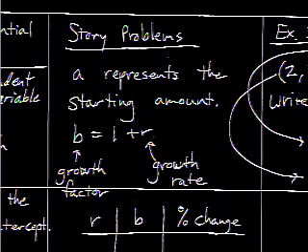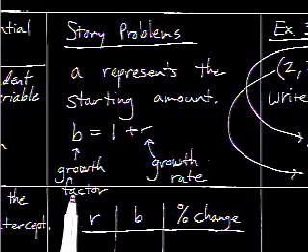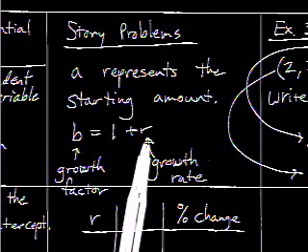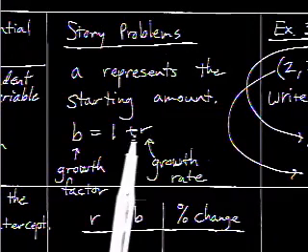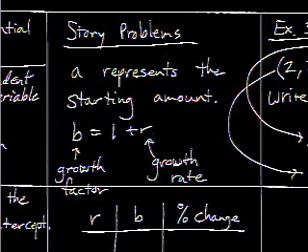I know that seems kind of weird, but sometimes we use exponential models for even bacteria. B, the growth factor, can be represented by this expression, 1 plus r, where r is considered to be the growth rate.